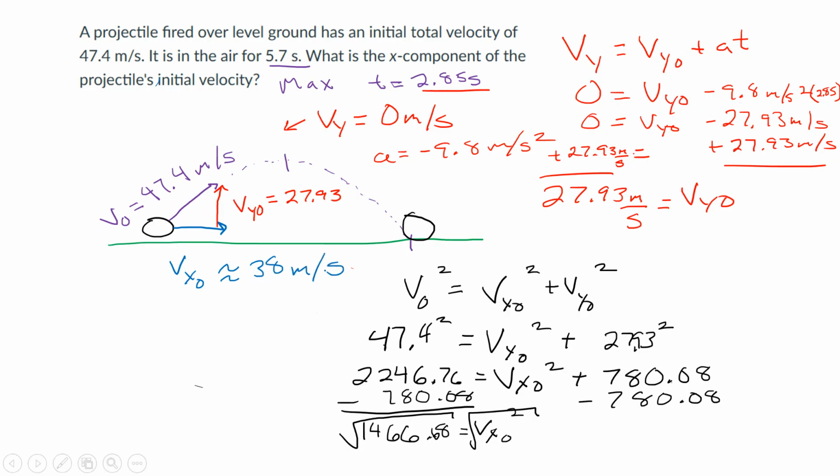Now the textbook does it a little different. They use the range equation and all that stuff. I don't. It works because it's symmetrical. It is the final y position, but it assumes that the initial y position is 0. There's another one where you say y minus y naught.